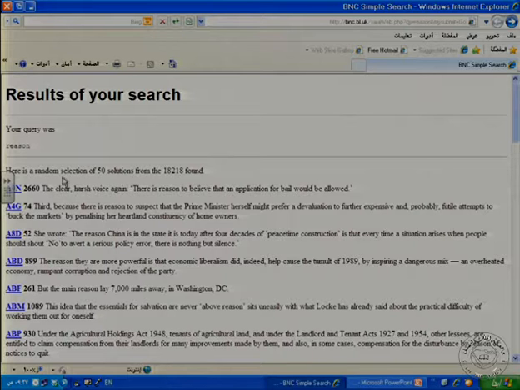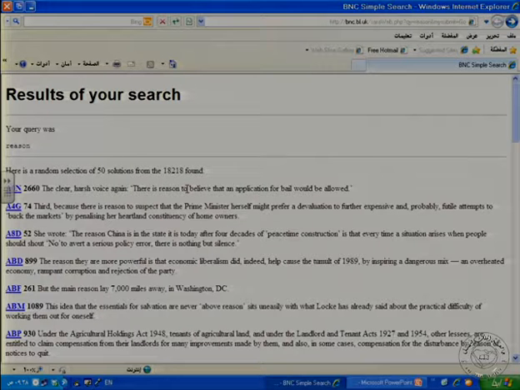Here is a random selection of 50 solutions from the 18,218 found in the corpus. This is just parts from the British Library.